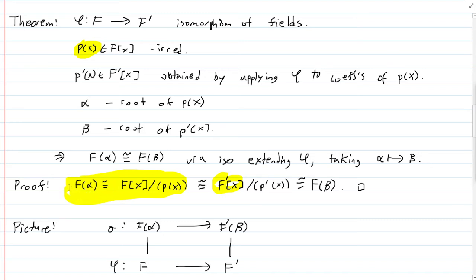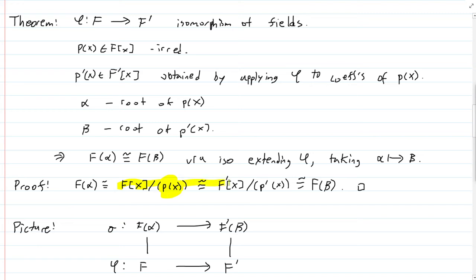I did it on Wednesday. Yeah, so this is it. This is whenever you have an irreducible polynomial, adjoining a root to the ground field is the same thing as modding the polynomial ring by that irreducible polynomial.